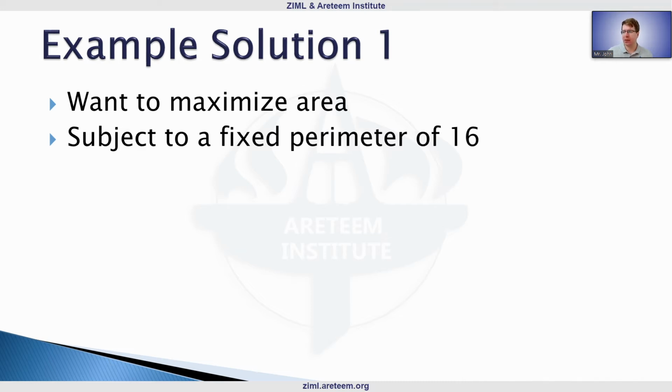Now, our question in particular is not too difficult of one, right? This is one, like I was saying, probably a lot of us have been comfortable with before. So we want to maximize the area. The area we know for a rectangle is length times width. We have a fixed perimeter of 16.